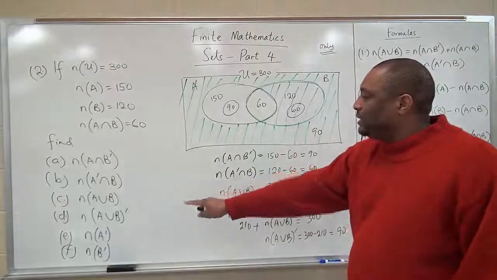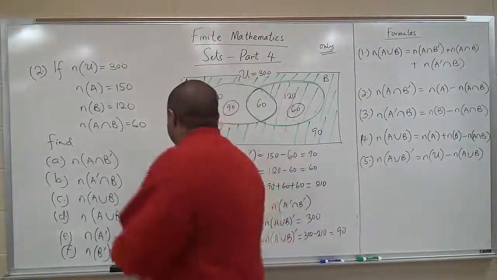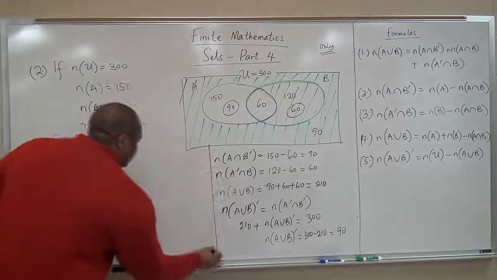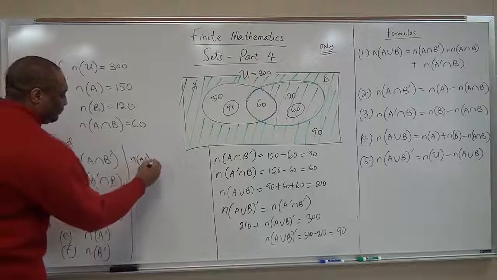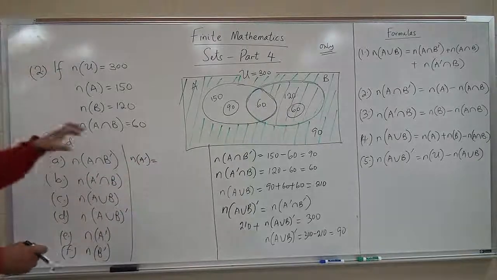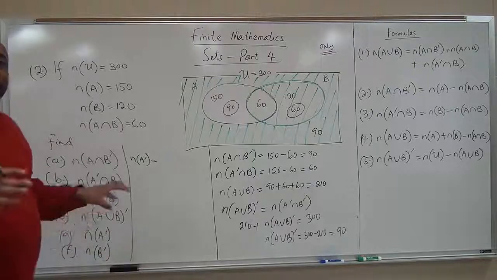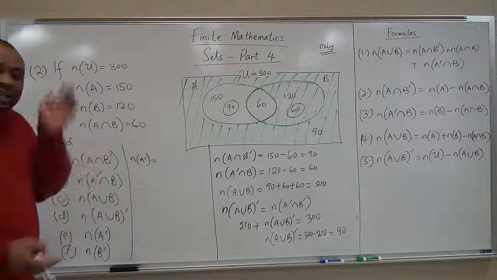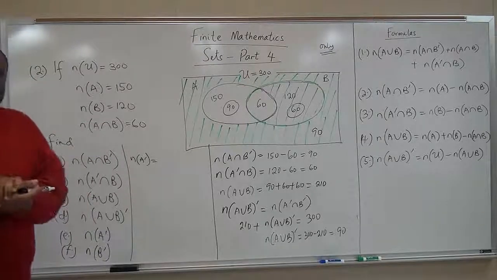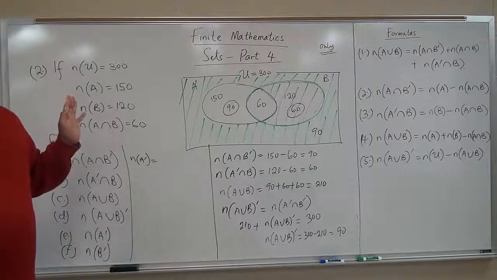The next one is cardinality of A prime. How do we find cardinality of A prime? A prime means everything in the universal set that is not in A. They do not like A at all.